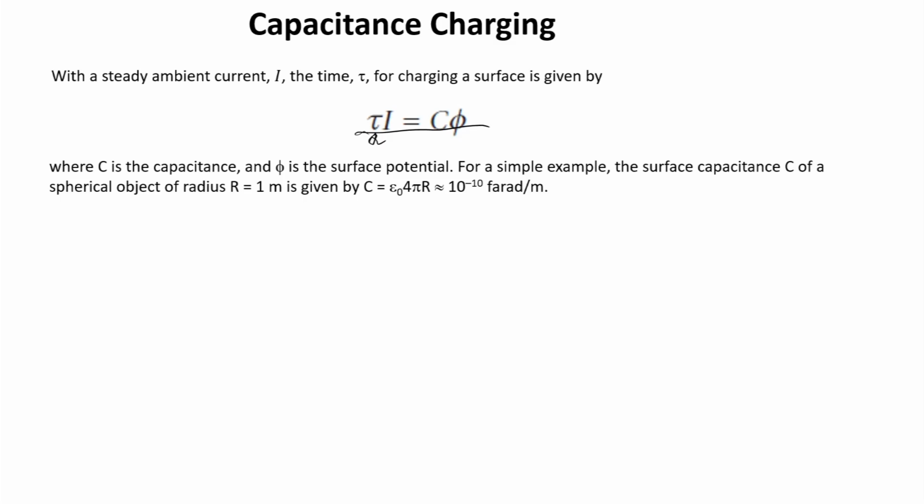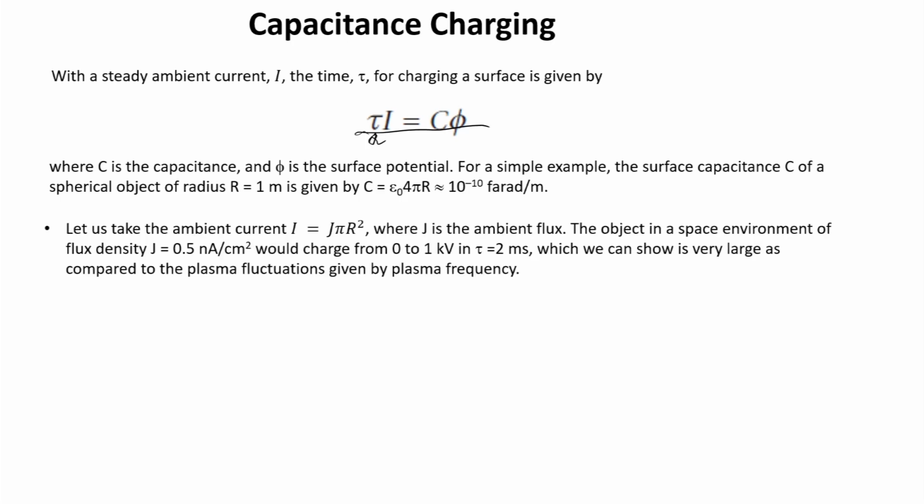Just for a simple example, the surface capacitance C of a spherical object of radius r is given by epsilon 0 4 pi r. So, it will be about 10 to the power minus 10 farad per meter. Now, let us take the ambient current I equal to j pi r square, where j is the ambient plasma flux, or fluence also you can say.